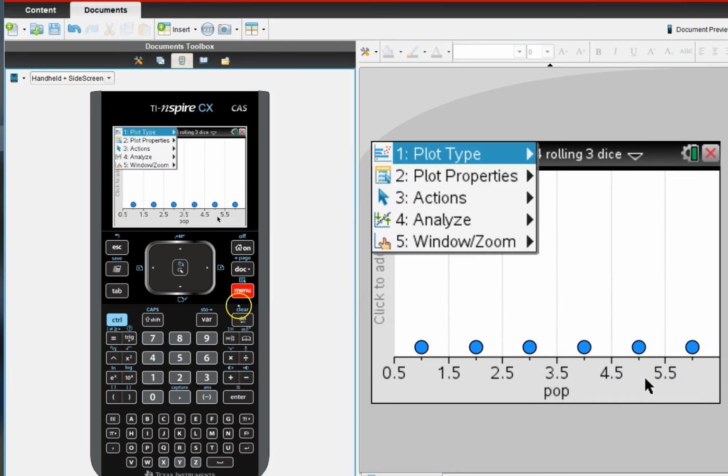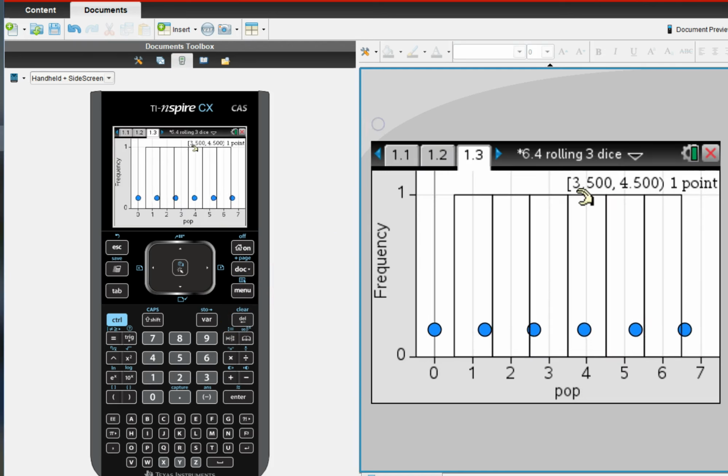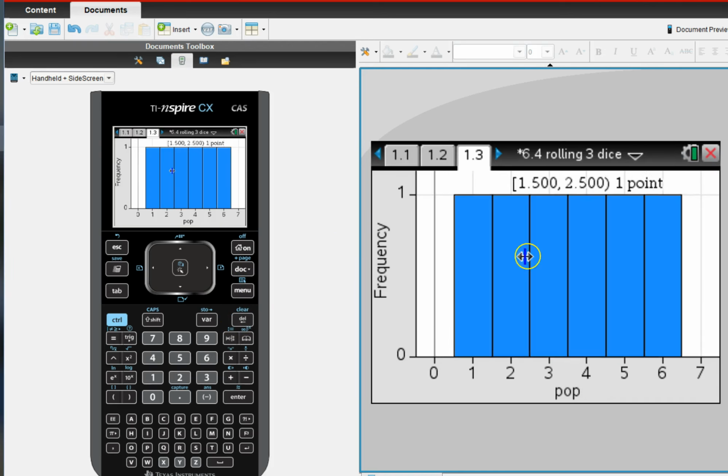In fact, it would be a uniform distribution. Each one would have 1 out of 6, right?